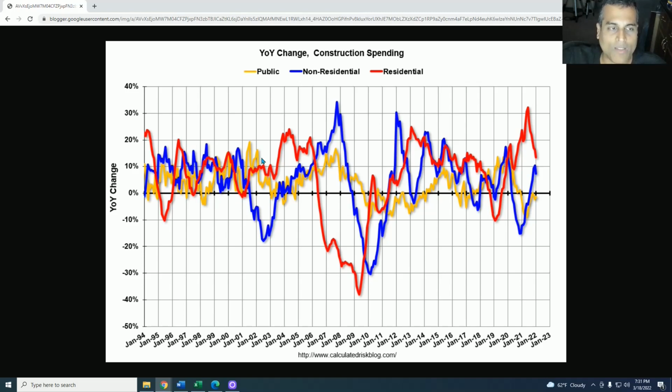Even the peaks of 2006 and 7 didn't have this high of a year-over-year growth rate and didn't stay above 10% for much longer than this. So we're very quickly getting to the point of the amount of new construction is matching the amount of construction expansion before the deep housing bust.